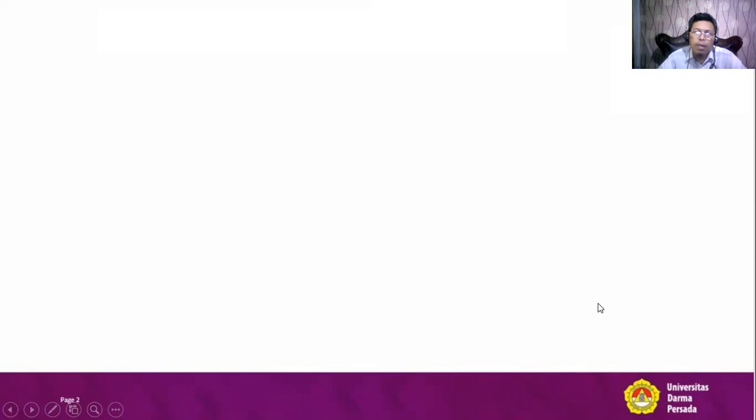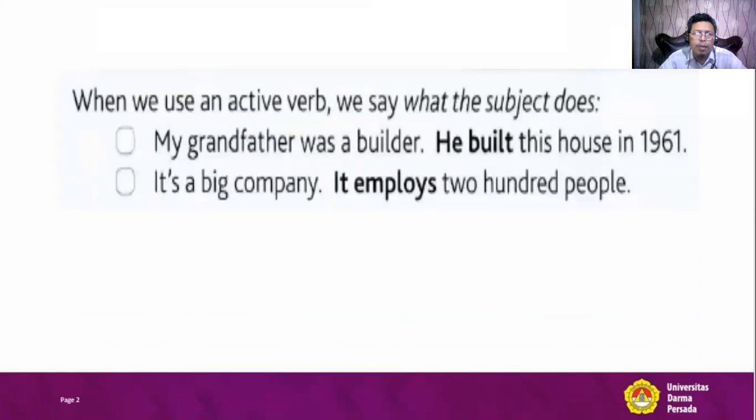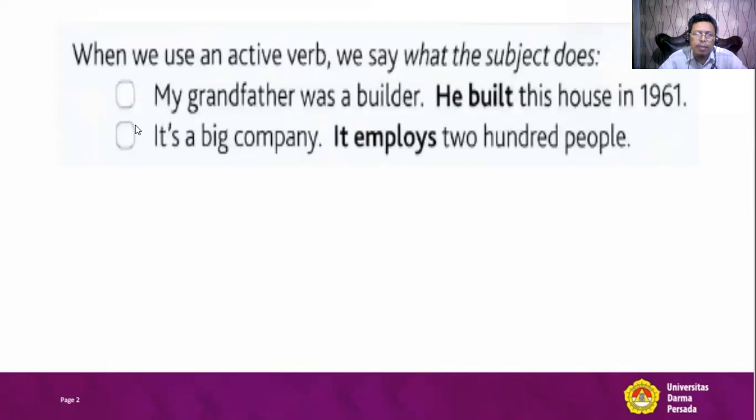Now we are going to discuss more deeply about the passive here. When we use an active verb, we say what the subject does. Everybody look at this one. He built. Everybody can see build is an active verb.